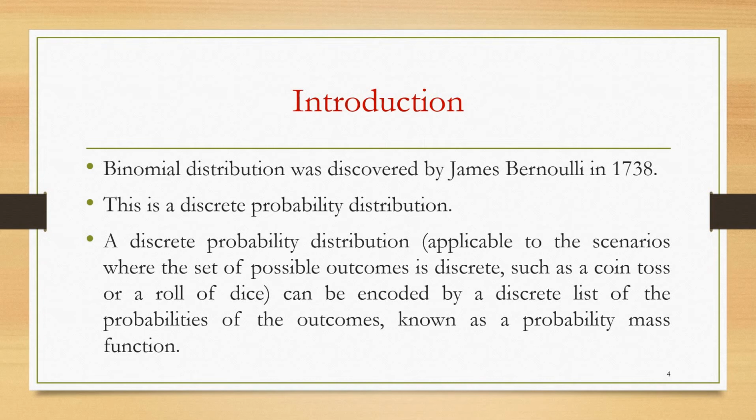Introduction. Binomial distribution was discovered by James Bernoulli in 1738. It is a discrete probability distribution. A discrete probability distribution applicable to the scenarios where the set of possible outcomes is discrete, such as a coin toss or a roll of dice, can be encoded by the discrete list of probabilities of the outcomes known as probability mass function.